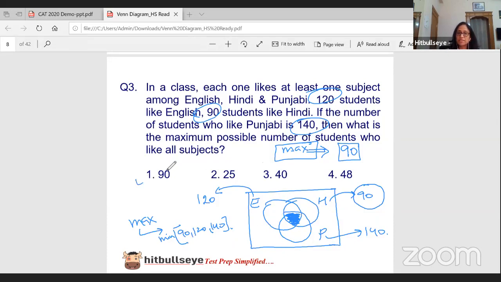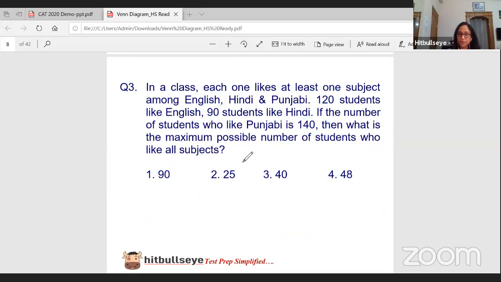So the shortcut is simply take the minimum of the three numbers given to you. Is that clear to you? Everybody clear with this question of maxima? Now let me extend this question further. Suppose your question doesn't stop here. Your question says that after doing this, tell us that how many people speak Hindi and English.